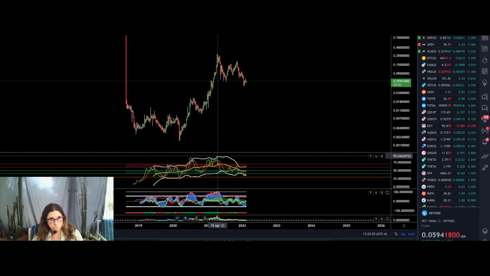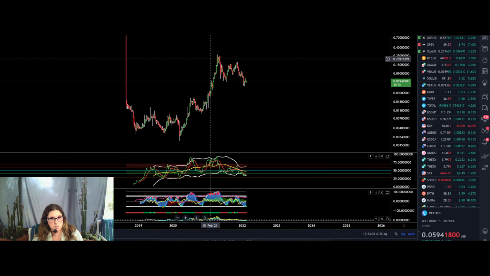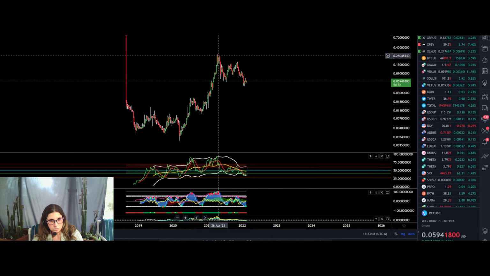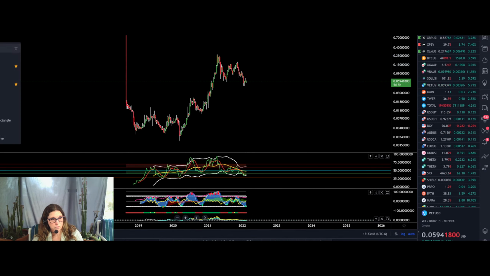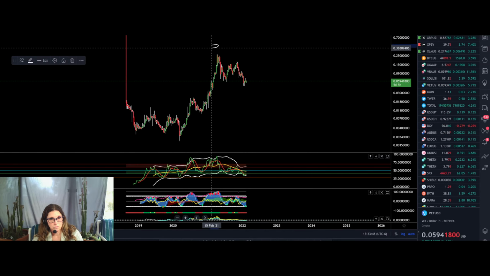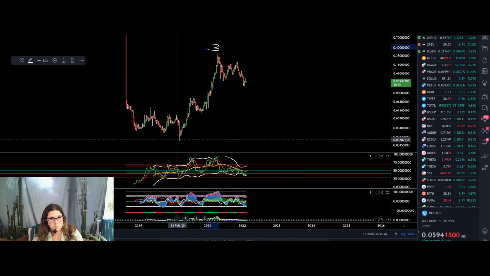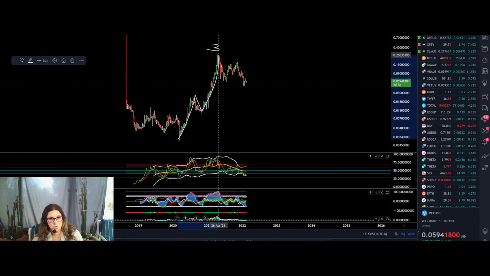Okay, well, looking at it from a weekly, our highest point on RSI is right here. So that is telling me that that is our third wave. So it looks like we got a 1, a 2, a 3.